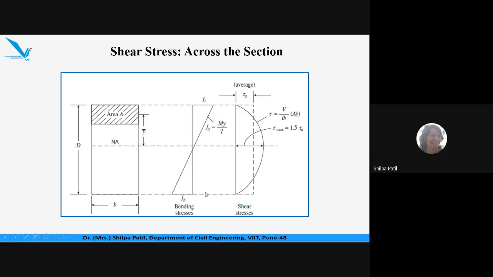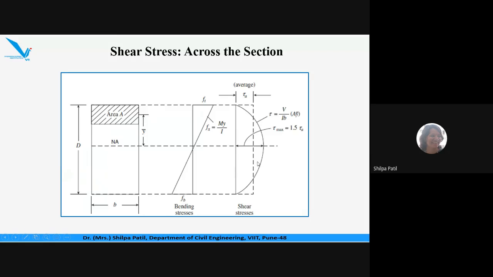If you observe the first diagram, the bending stress distribution, we can see that the bending stresses are maximum near the extreme fiber of the section, and as we move towards the neutral axis, the bending stress goes on reducing. Along the neutral axis, the bending stress is considered zero, and again it goes on increasing as we move towards the other extreme fiber, the bottom extreme fiber of the beam.